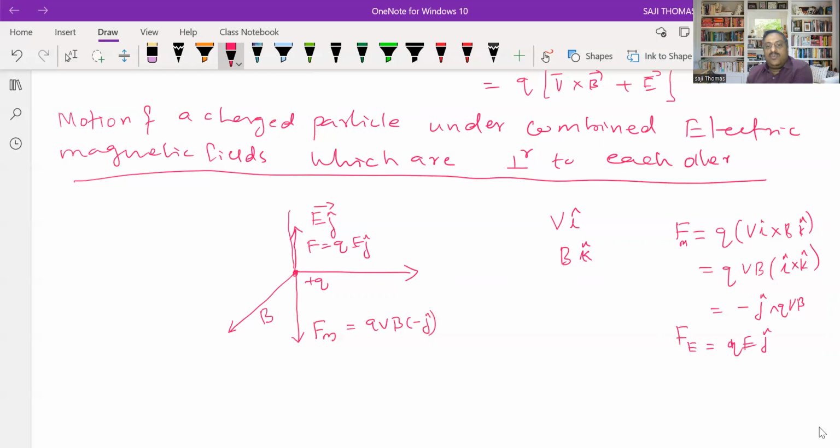So what is the total force? Total force, that is known as Lorentz force.